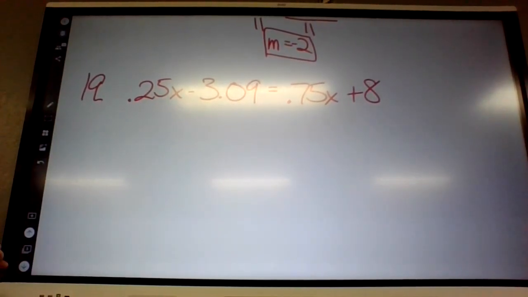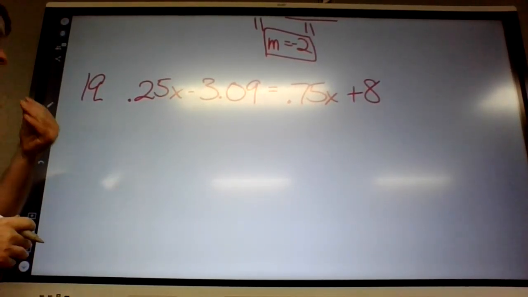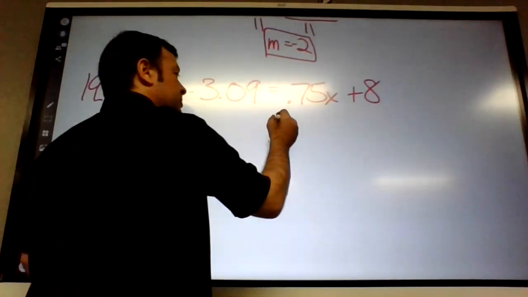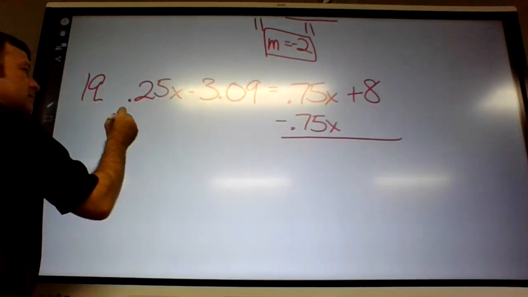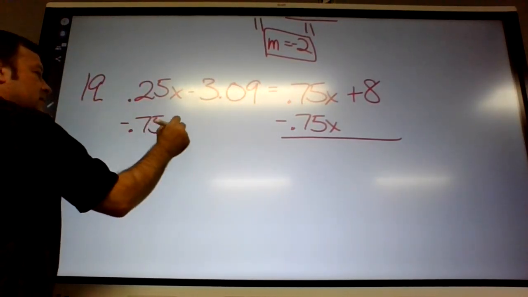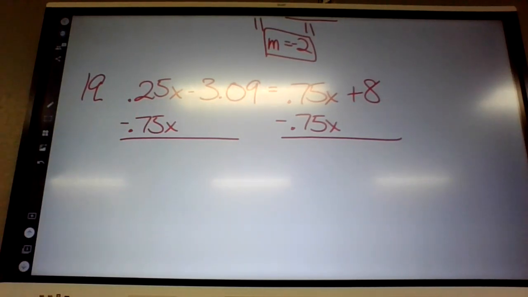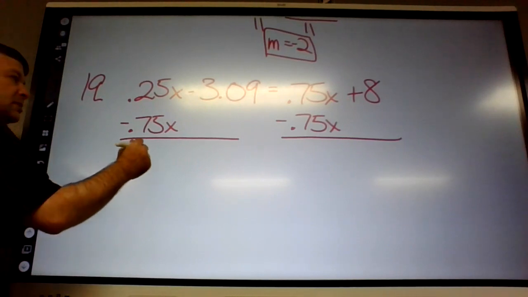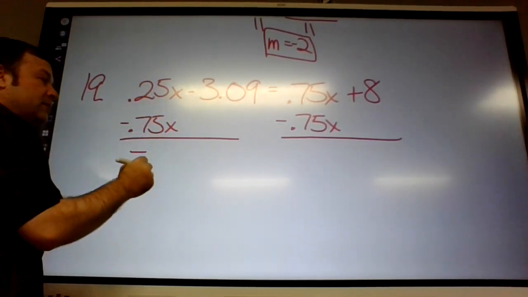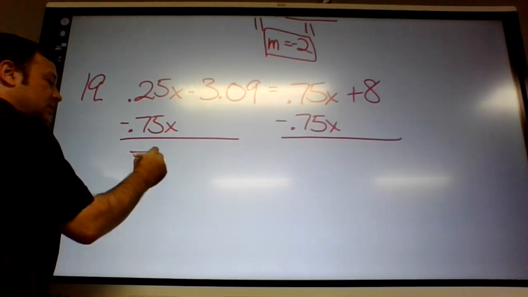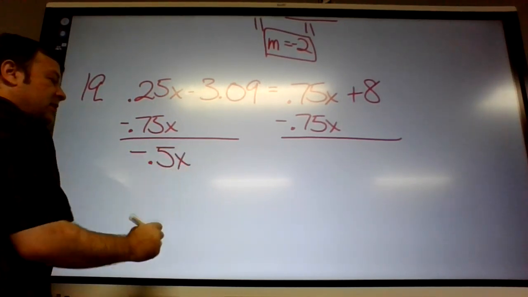I guess Jackson. First you would subtract 0.75. Okay, subtract 0.75x. What's 25 cents minus 75 cents? Or what's 25 minus 75? Negative 50. Or negative 0.5x.